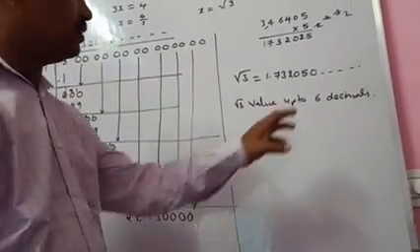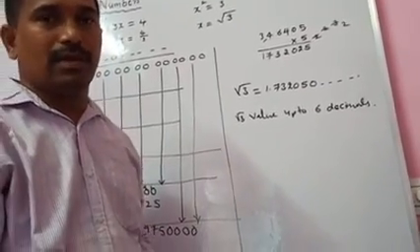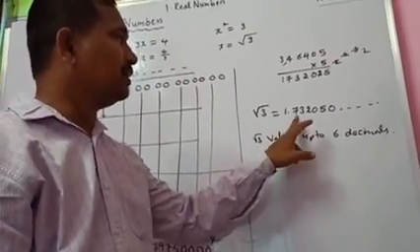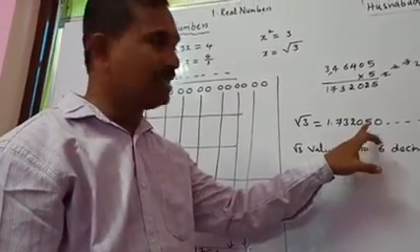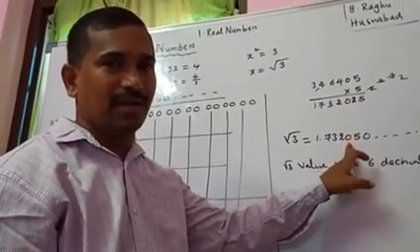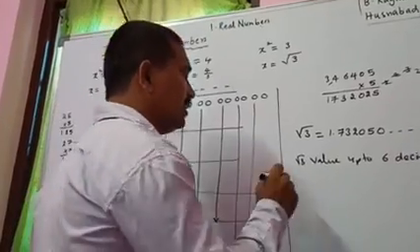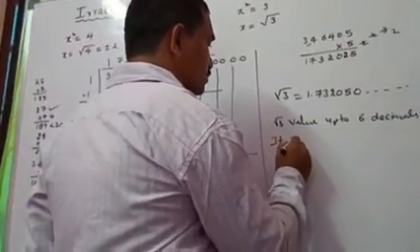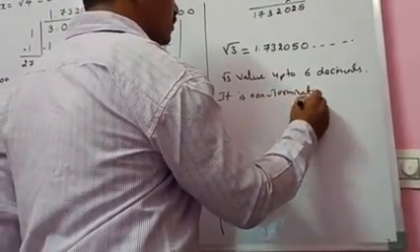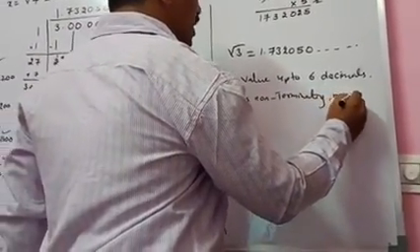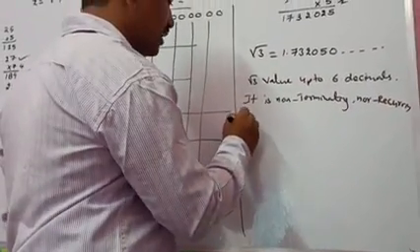So now we can represent this on the number line. But see here, is it a terminating decimal? No, it is a non-terminating decimal. Is it repeating? No, it is non-repeating. So it is a non-terminating, non-recurring decimal.